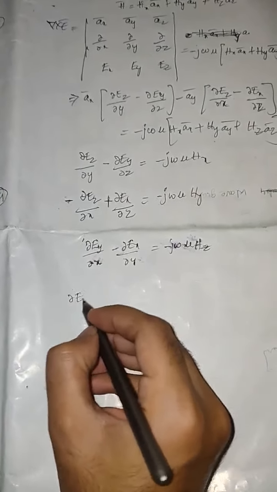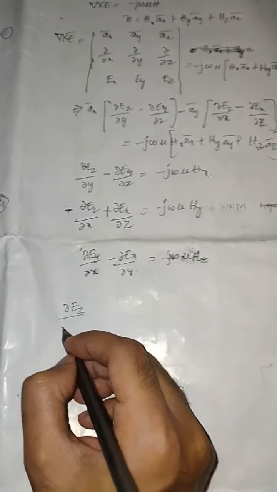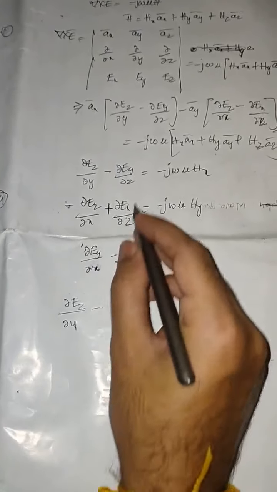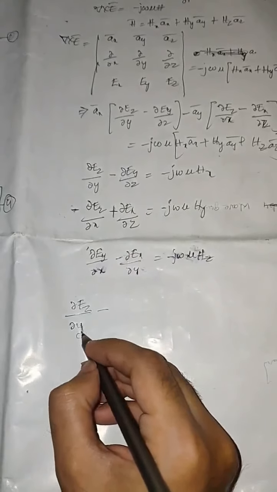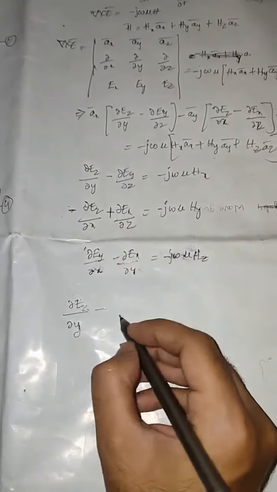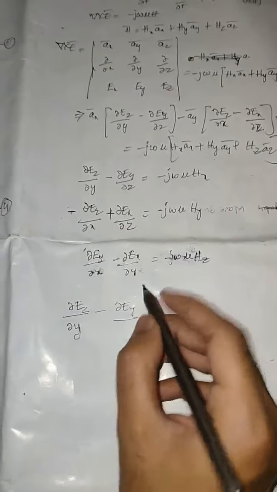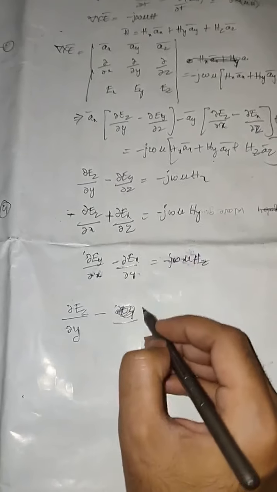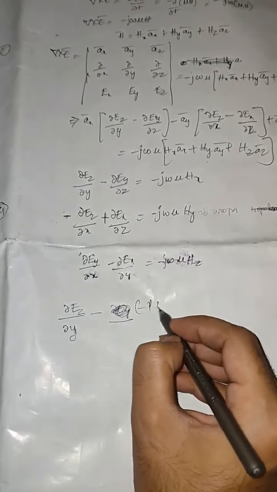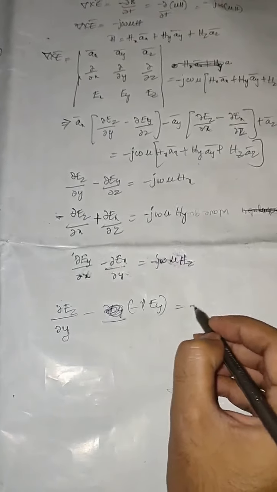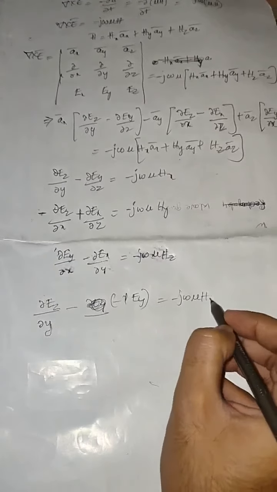So ∂Ez/∂y minus ∂Ey/∂z can be written as minus gamma Ey, which is equal to minus j omega mu Hx.